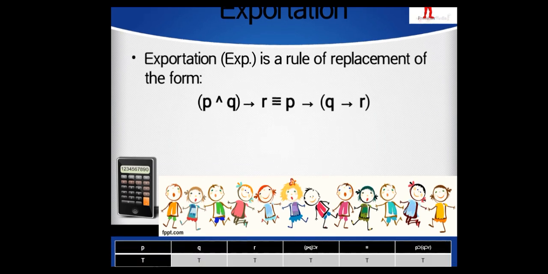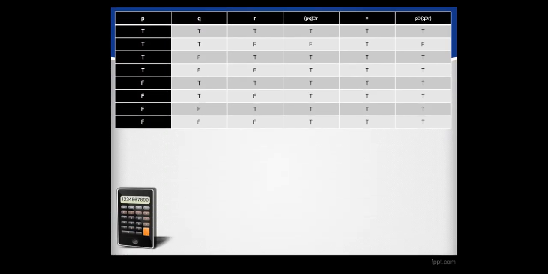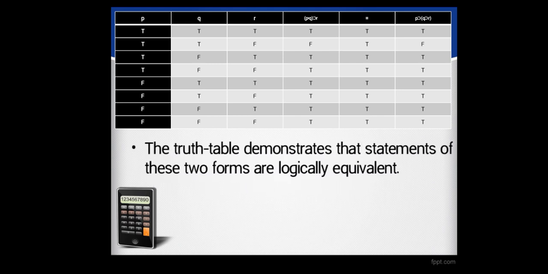Here we have the truth table. The truth table demonstrates that the statements of these two forms are logically equivalent.